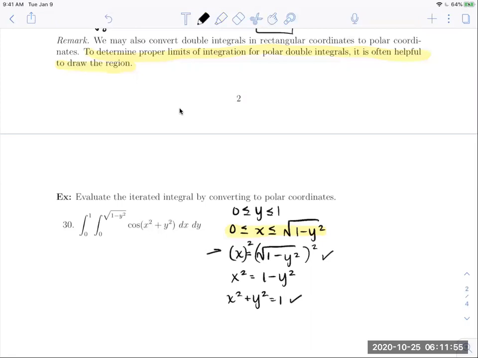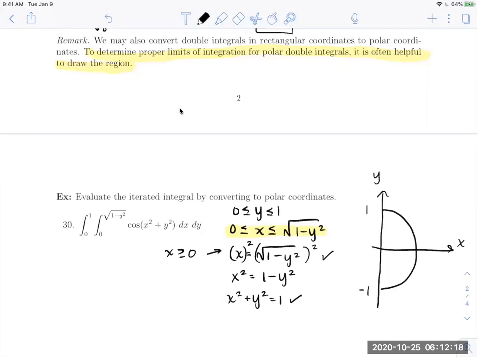So in this equation right here, we know that x is greater than or equal to 0. So when I sketch this region, I'm only going to include the semicircle for positive x values. So it's going to look like this.